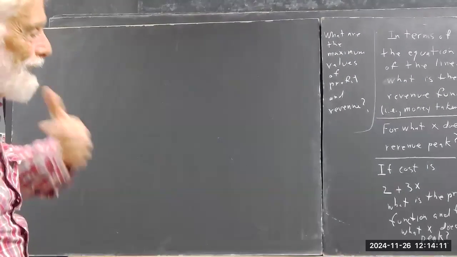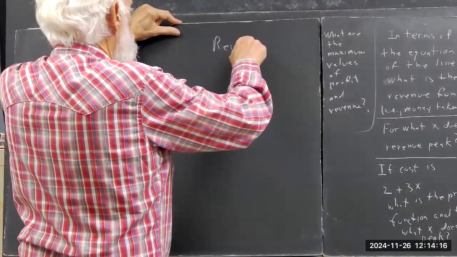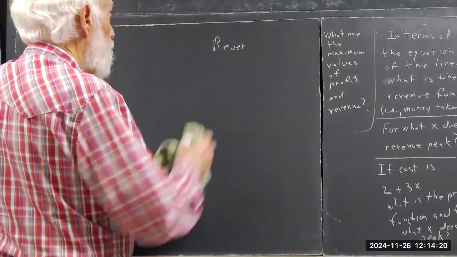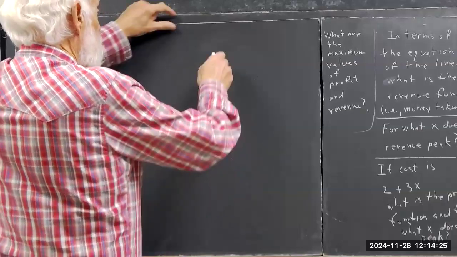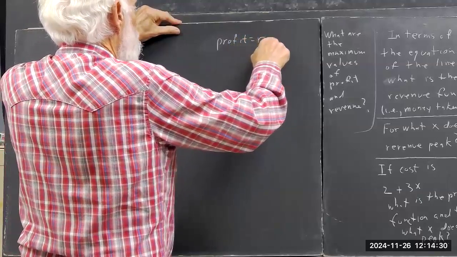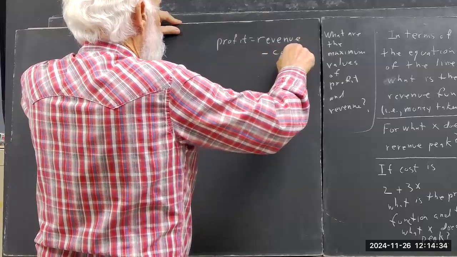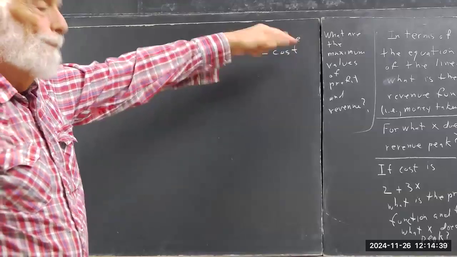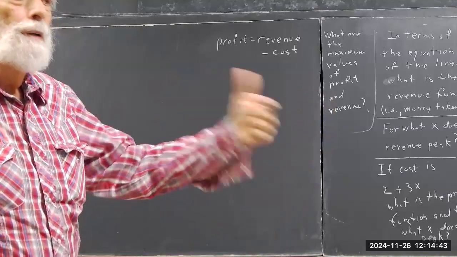Okay, well, now we want the revenue function. Sorry, we got the revenue function. We want the profit function. It's not hard to understand that your profit is the revenue minus the cost it takes you to produce and sell these things, or to buy them.